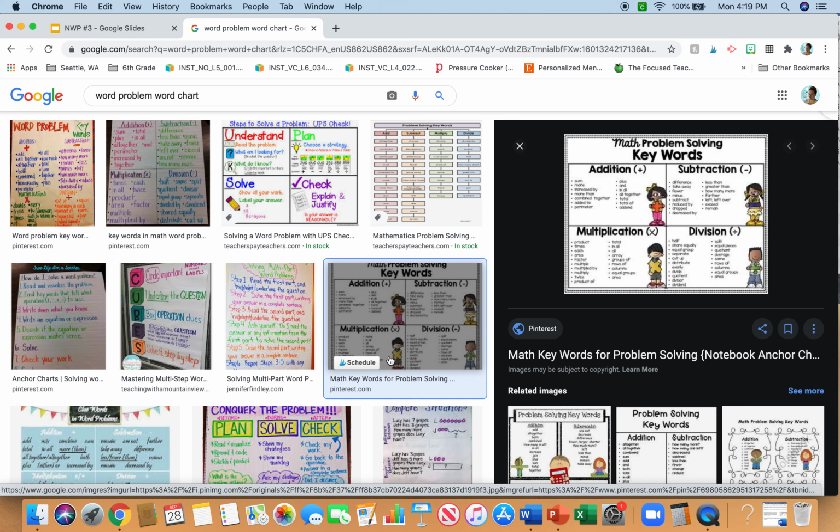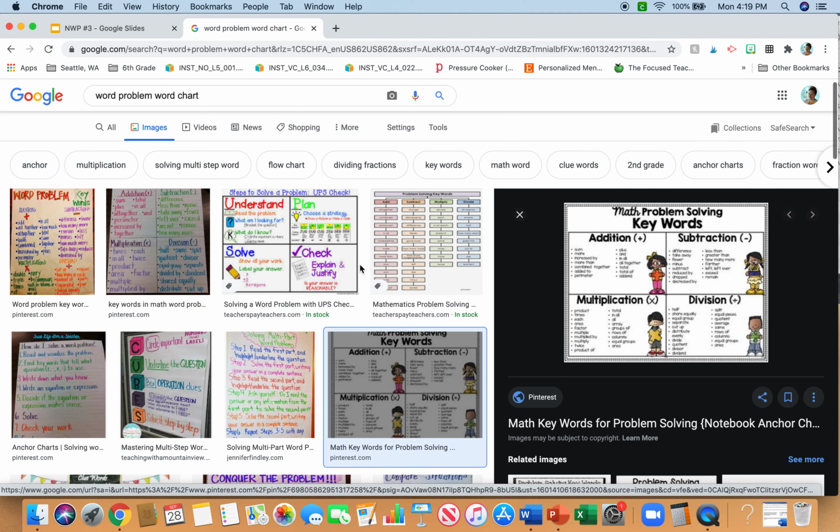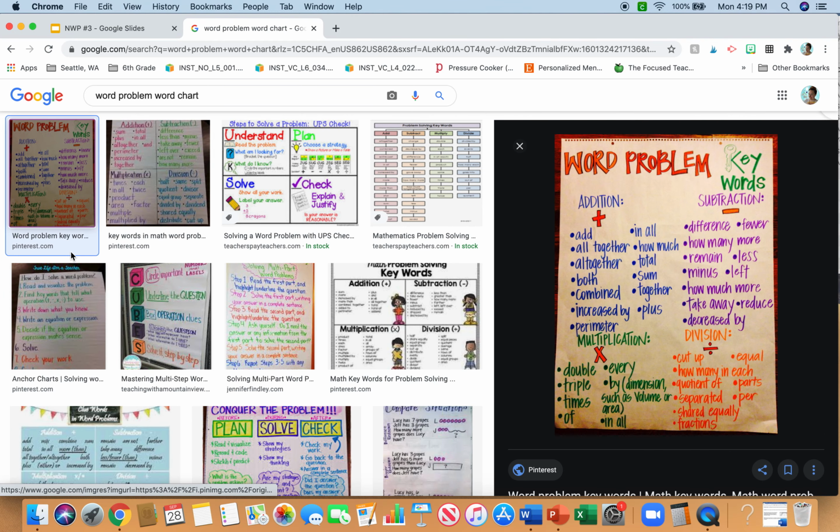And I used this a few years ago with first grade students. I'm pretty sure I've used almost the exact same chart with third grade students. I love the idea behind this. However, this ties students to some rigid thinking. They're thinking, okay, "in all" or "always" means either add or multiply. But even then, that creates a problem for them because there's overlap with that word.